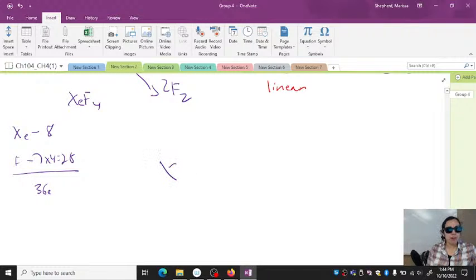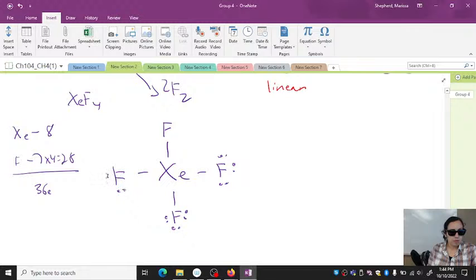And so again, just start drawing xenon in the center. It makes sense to just draw at least one bond to each fluorine, right? We know that's what fluorine wants to do. Then I'd fill in the octet for fluorine. So now we have 8 times 4.